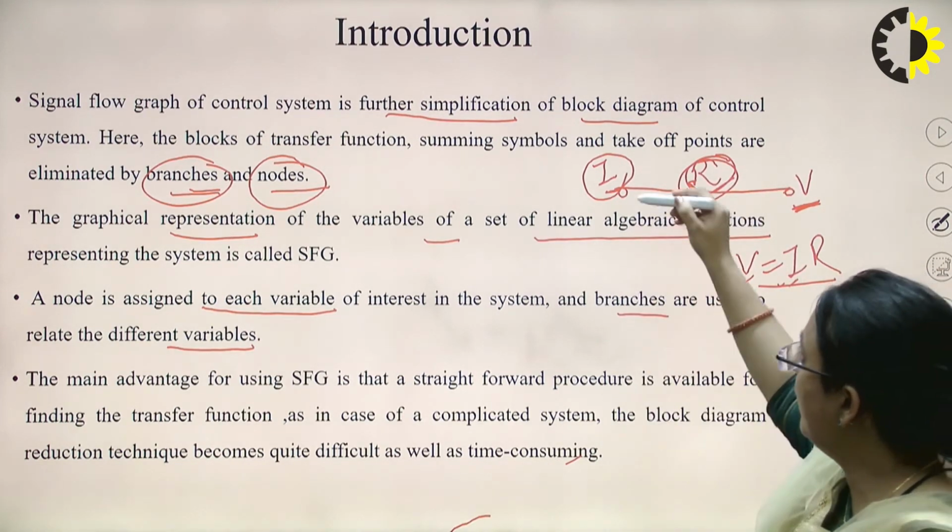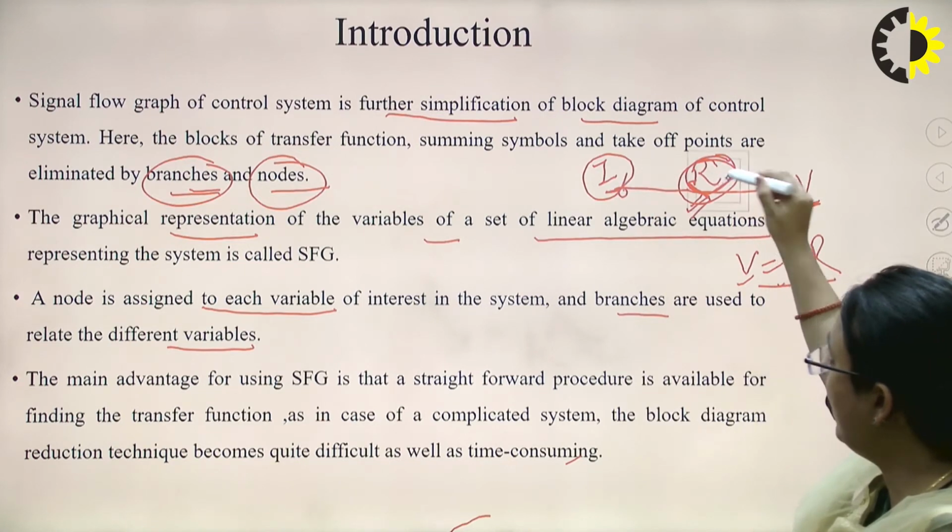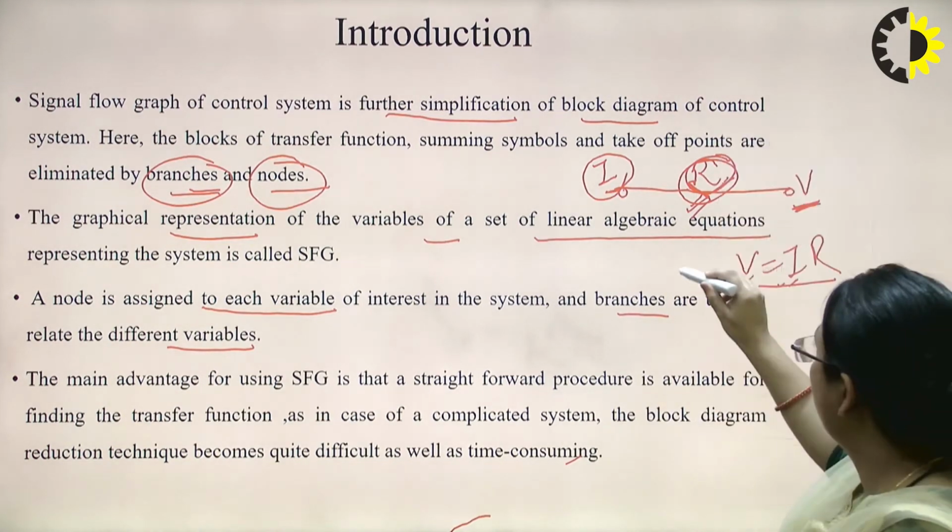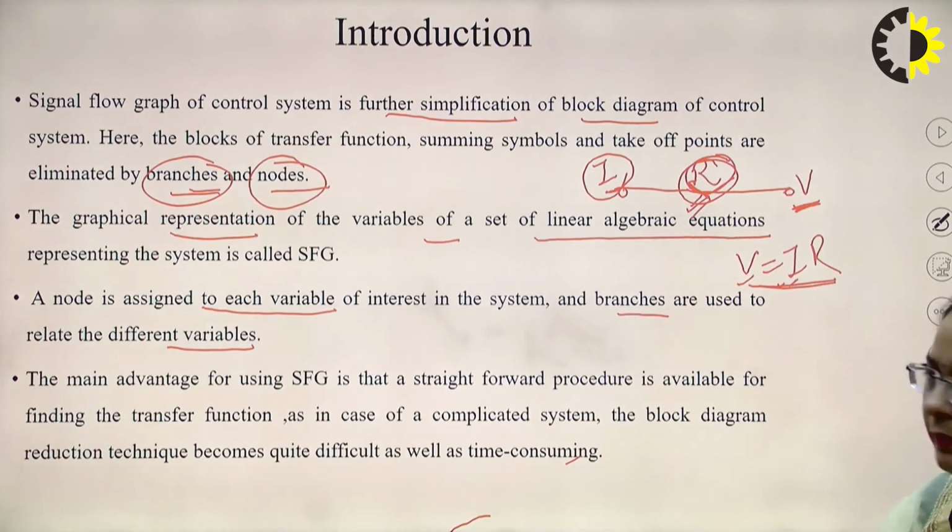So signal I gets multiplied with R and it becomes V equals IR.